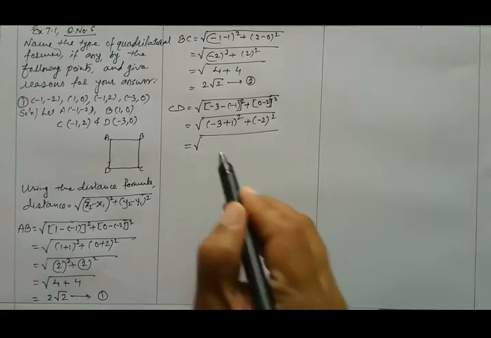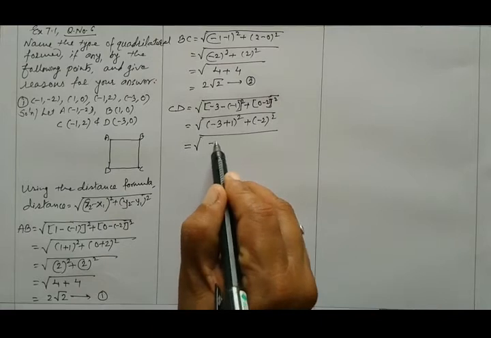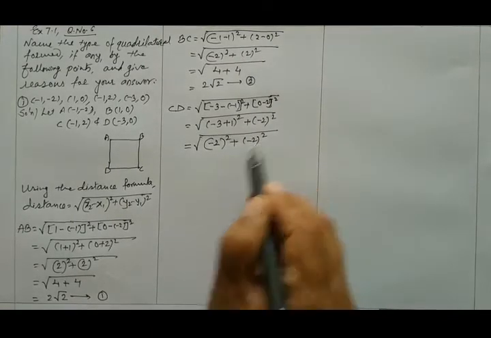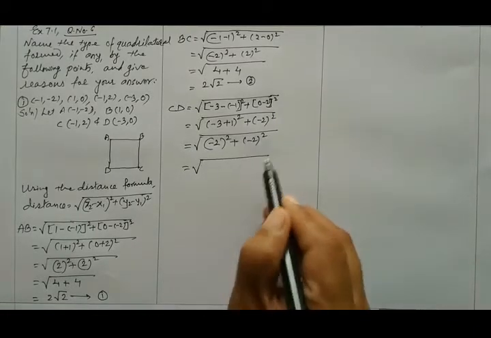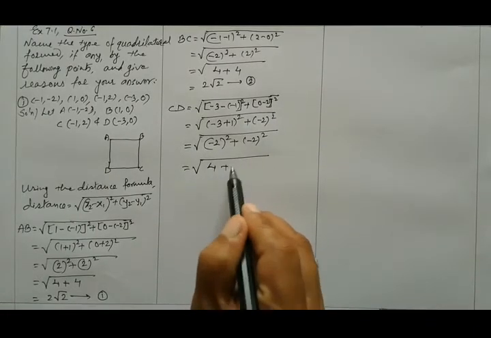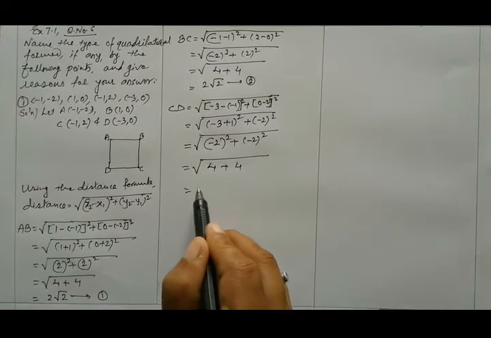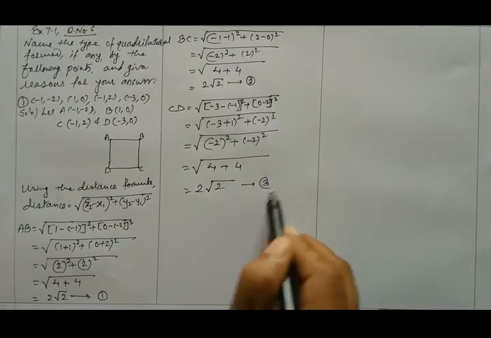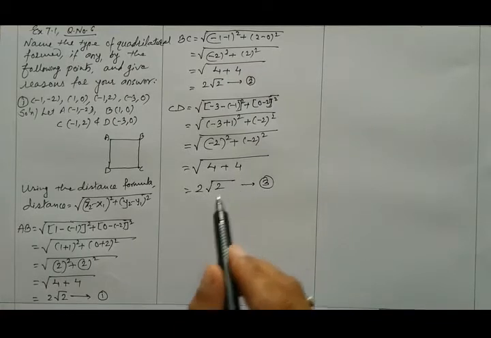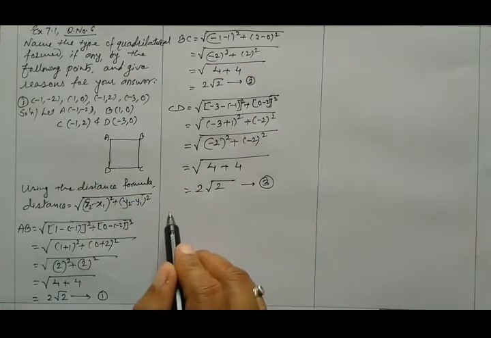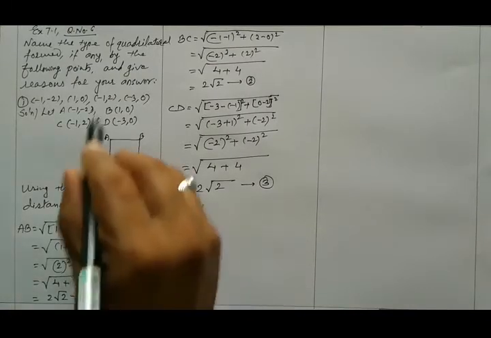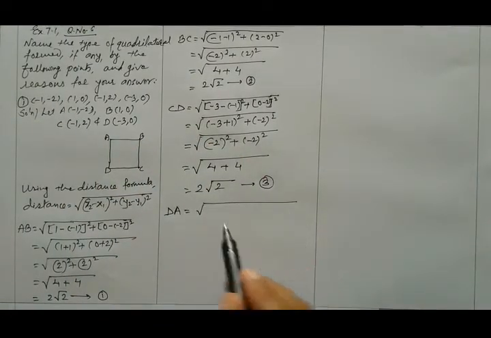So minus 3 plus 1, so minus 2 whole square plus minus 2 whole square. The square of a negative number is positive, so again it is the same, 2 root 2. You can call this result number 3. Then you find DA or AD, whatever you want. Better we go in a clockwise manner, so calculate that way only.